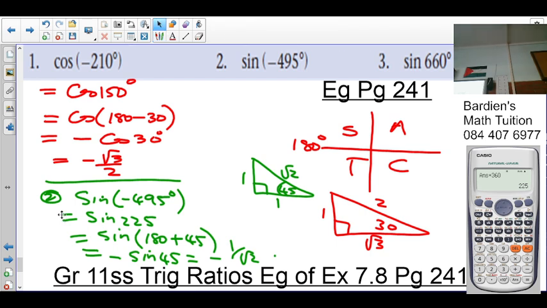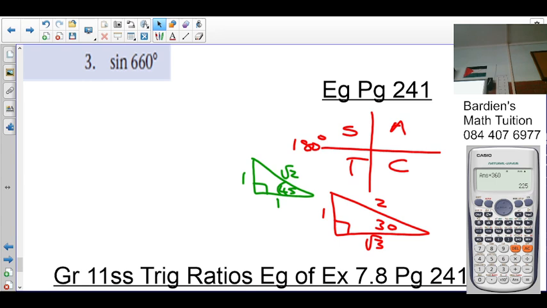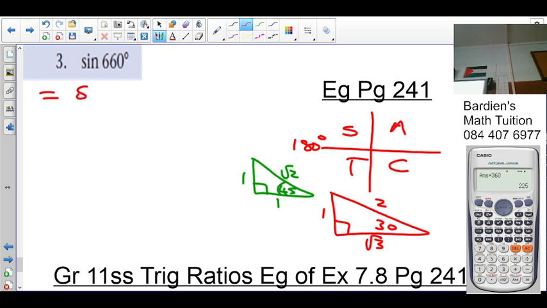Alright, the last one. Number 3 of the example on page 241, sorry. What do we do for sine of 616? Minus 360. So that will become sine of 300. Which quadrant is 300? Fourth quadrant.